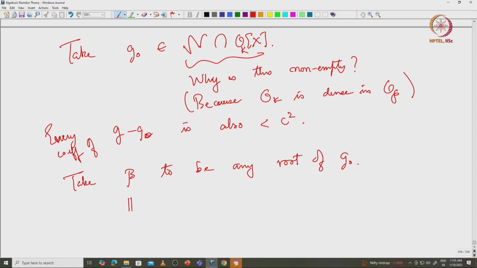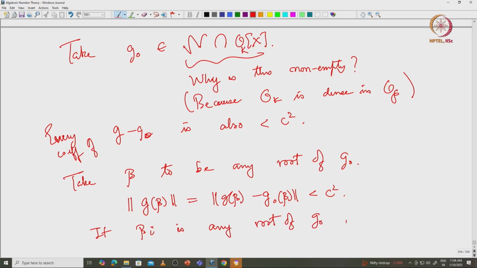So, what do I get? If I look at the valuation of g of beta, this is equal to the valuation of g of beta minus g 0 of beta, because g 0 of beta is 0, and so this thing is strictly less than c squared.